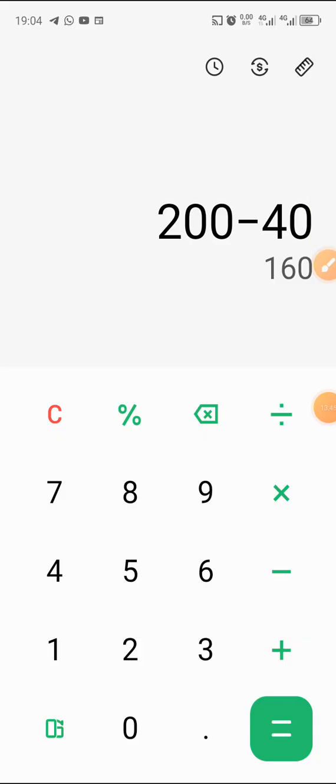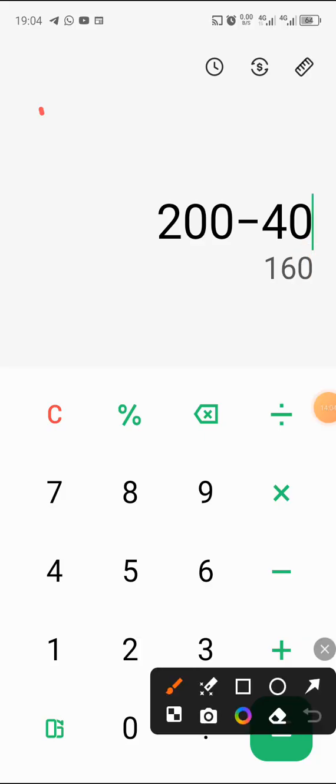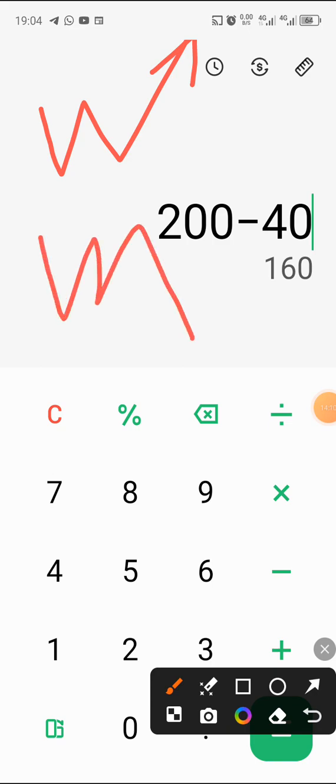But the reason as to why we don't advise you to put all your 200 in the market at first, is because this is how the market behaves. It can go up, it can go down.